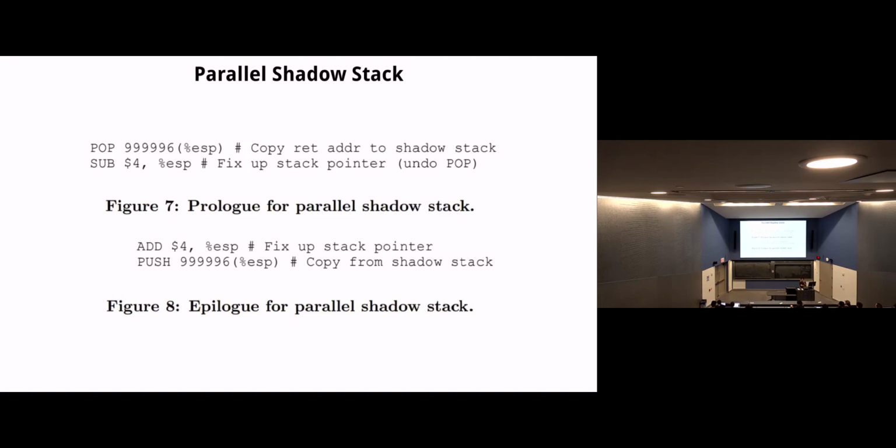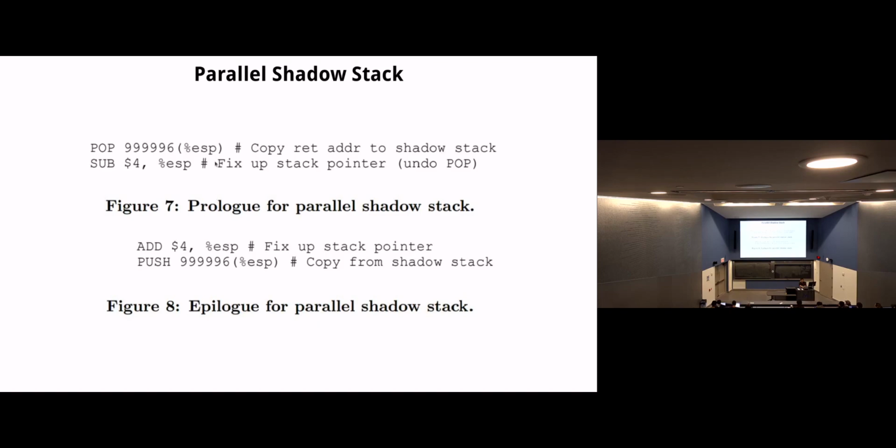So far, no hardware directly supports a shadow stack. Hardware supports a stack, right? So we have an SP or ESP, stack pointer. But there is no hardware to support a shadow stack, which means there's no specific register for that. That's why you can say here, we're not really using a register as a shadow stack pointer.